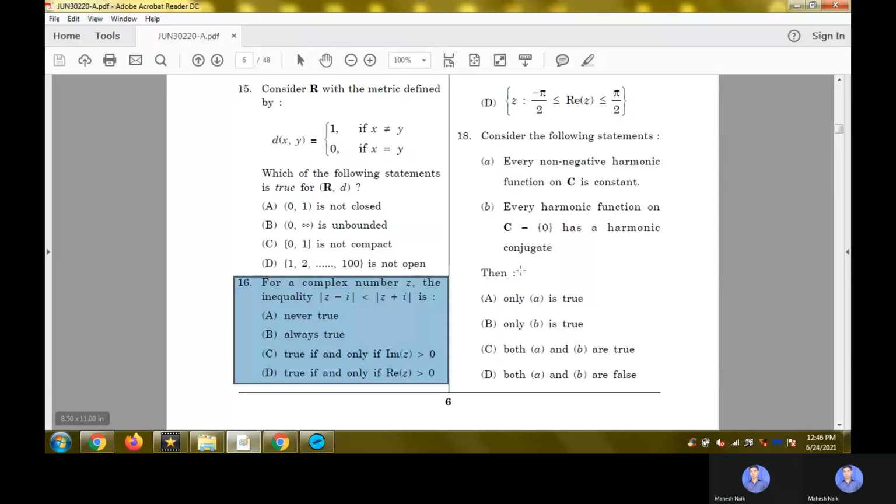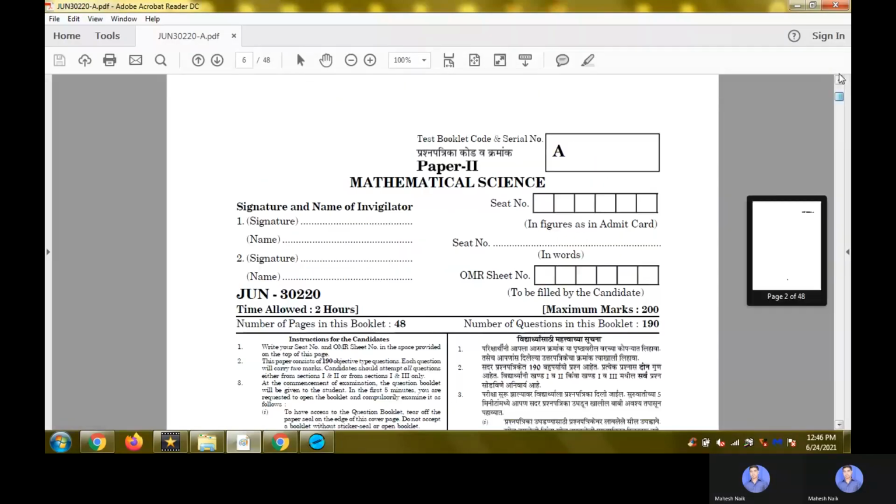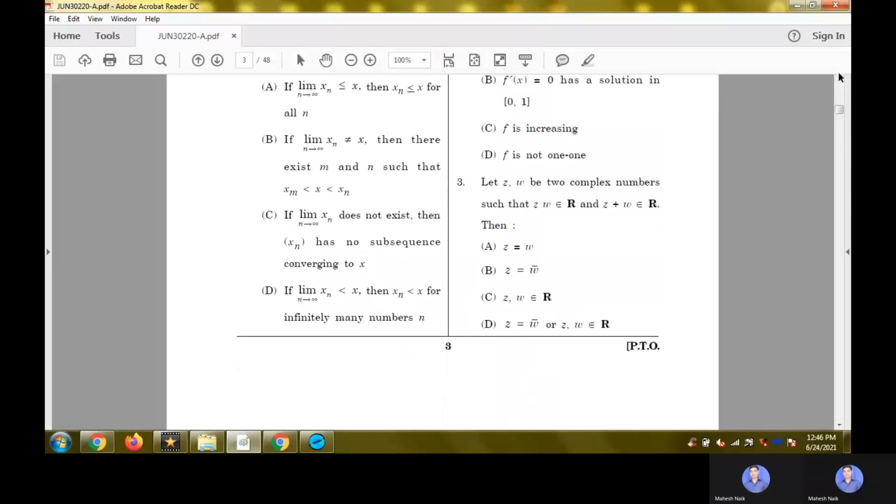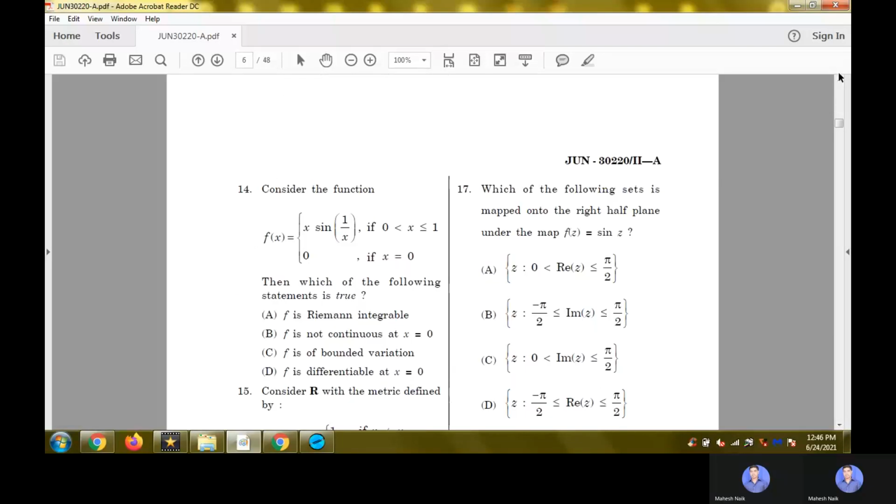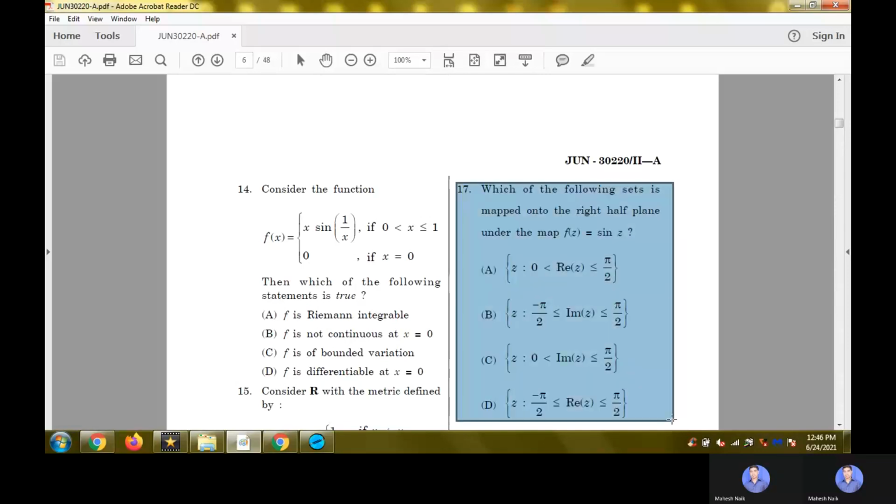Let's move ahead to the next question, which is question number 17. Okay, so this is a question of complex numbers again, and it talks about mapping.